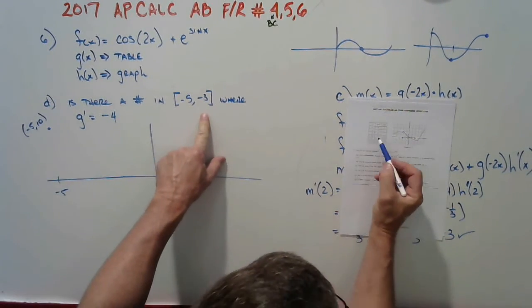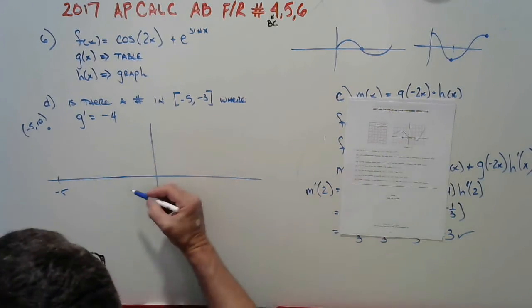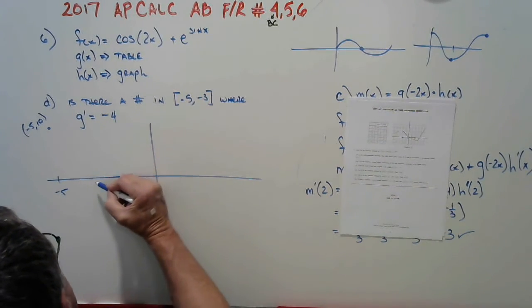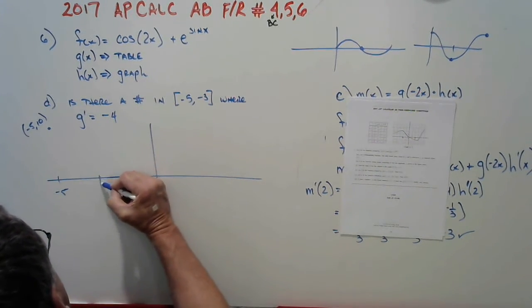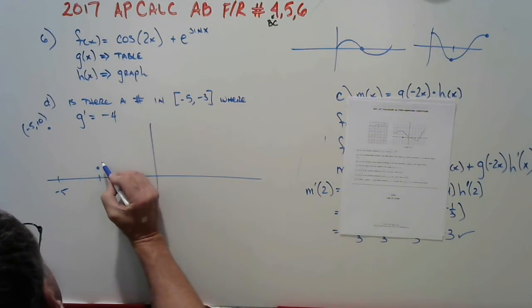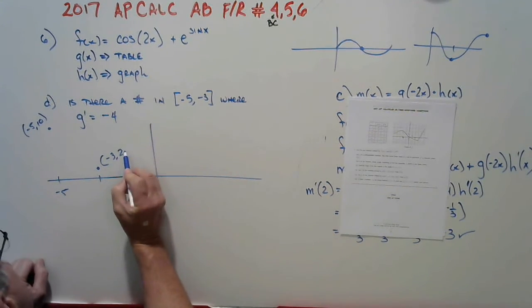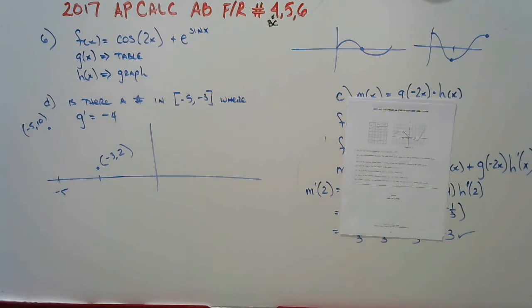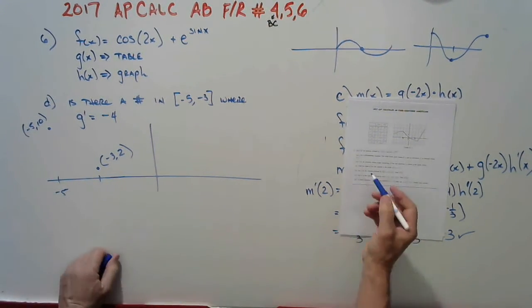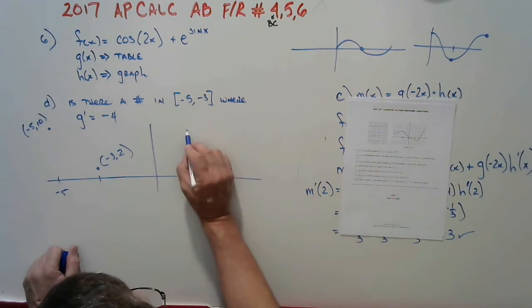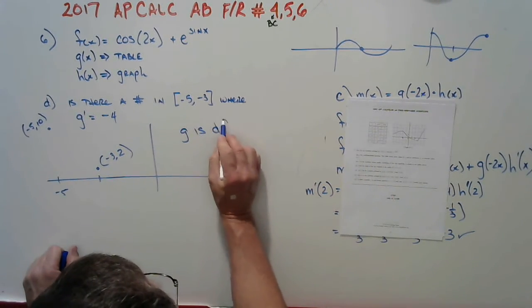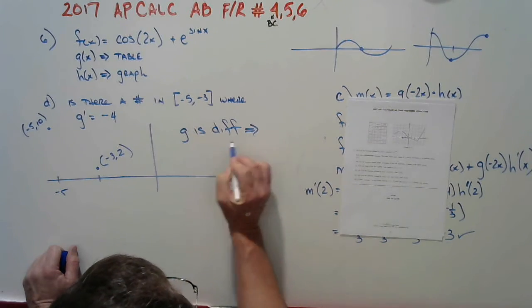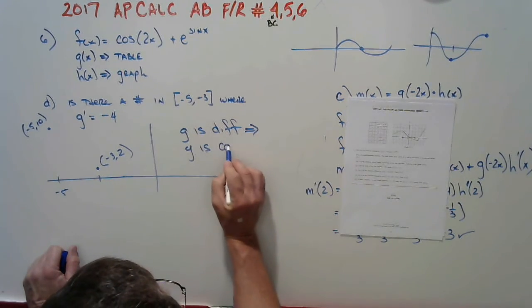And we know at negative 3, g is 2. So what do we know? We know our function is differentiable, so therefore it's continuous. They told us that. They said g is differentiable. G is differentiable, therefore g is continuous.